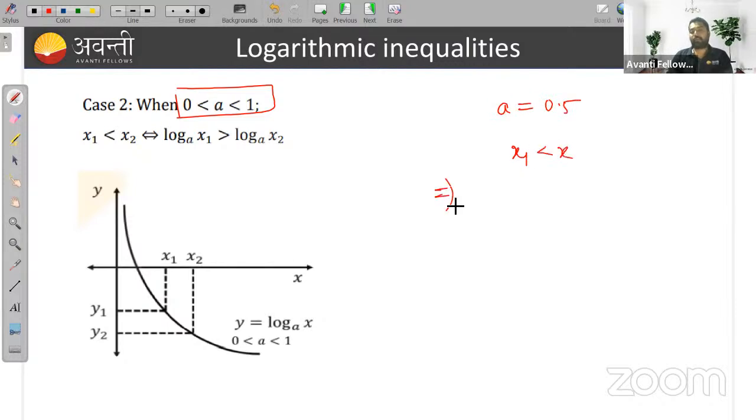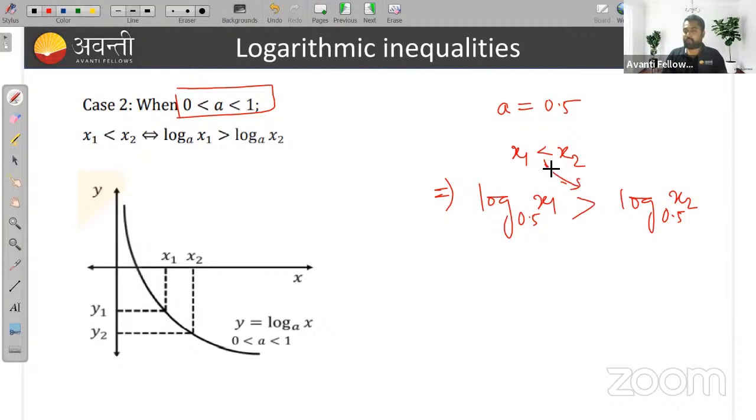Okay, so if I ask you log of x1 to the base 0.5 and log of x2 to the base 0.5, what inequality sign will you give in between these two logarithmic expressions? Yes, greater than.